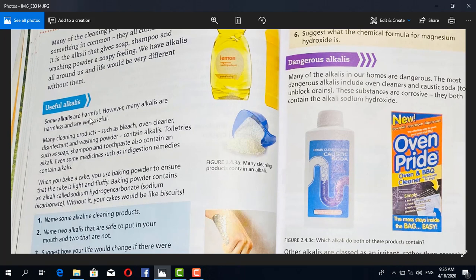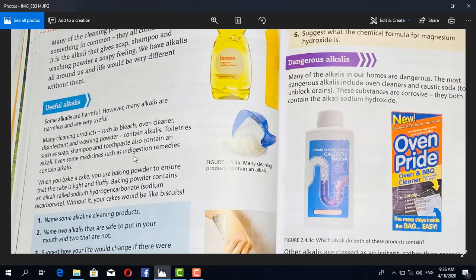Some alkalis are harmful, however, many alkalis are harmless and very useful. Bleach, oven cleaner, disinfectant, and washing powder all contain alkali. Toiletries like soap, shampoo, and toothpaste also contain an alkali.